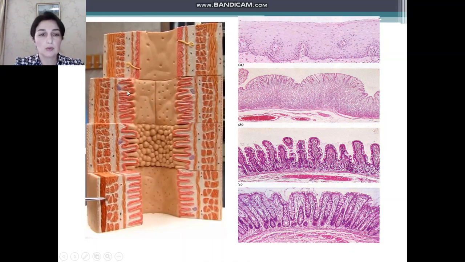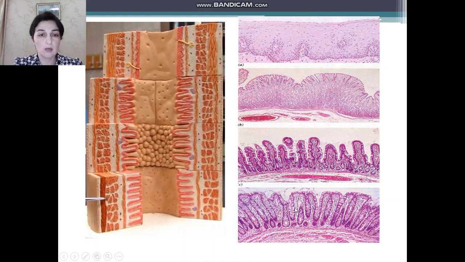Under the epithelium, we are looking at the lamina propria. That will be the small intestine, and it will have villi. Then the large intestines, and that is the stomach epithelium. Then that is the component of the small intestine and the large intestine.